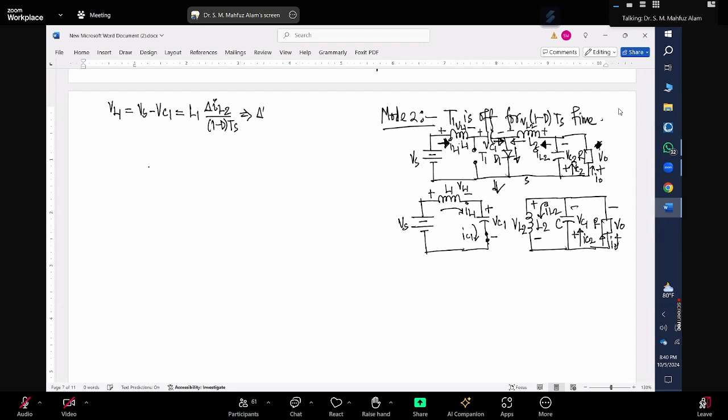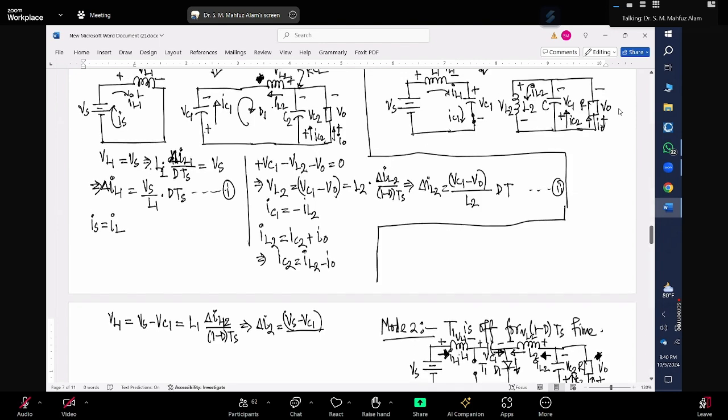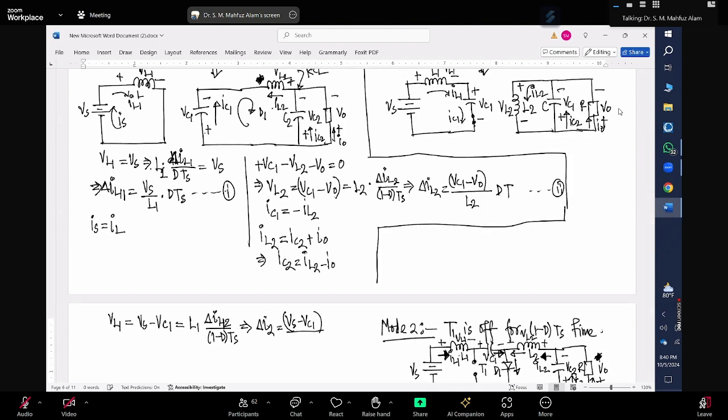So for del IL, we can write Vs minus VC1 equals L1 times del IL1. Actually, you can say it as 1, 2 because it is the discharging phase of current 1, right? Yes, sir. So in the previous case also, you can say it as L11 and here you can say it as 21.